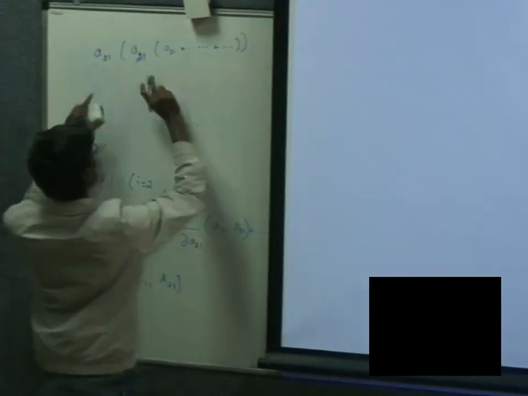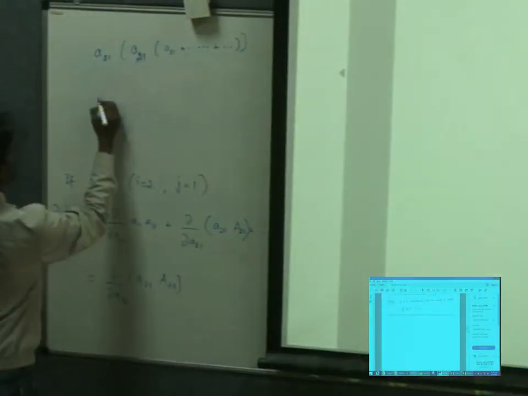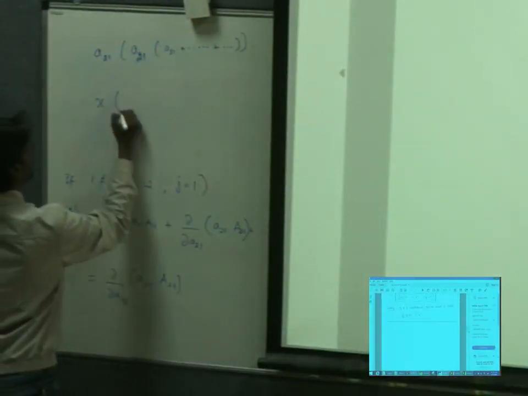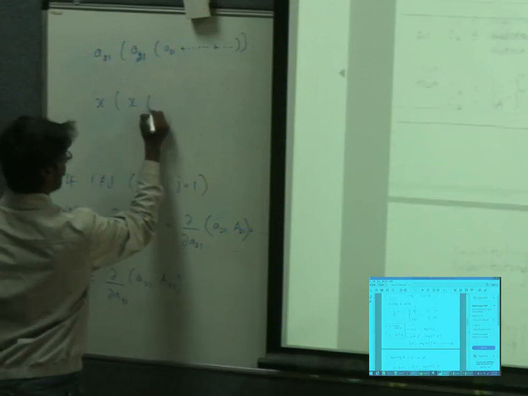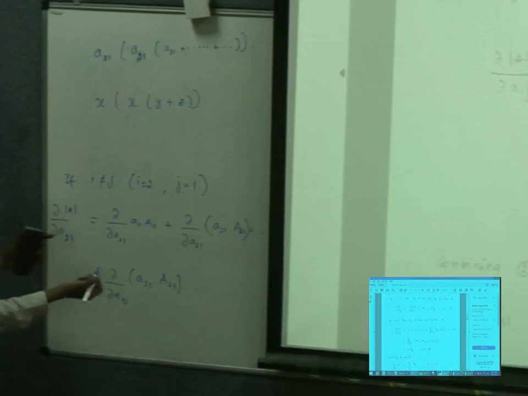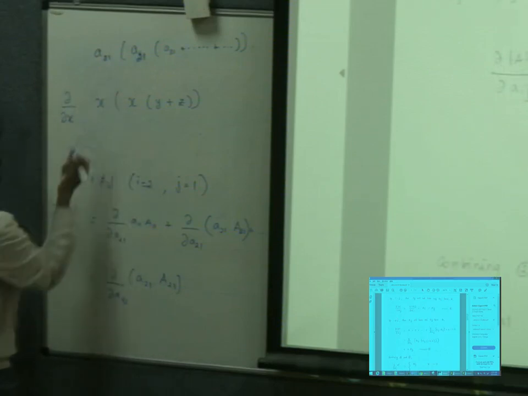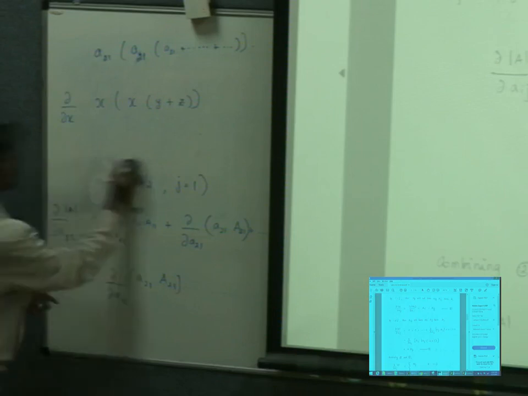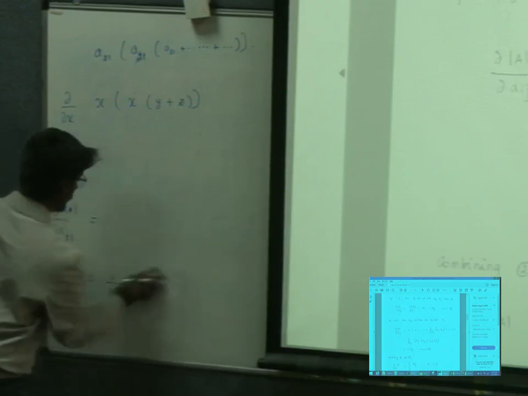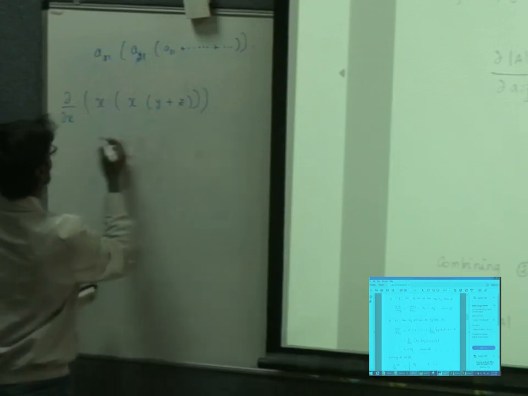So it's a completely recursive formula. Now imagine this function as x into x into y plus z or something, in a simple way, and take the partial derivative with respect to x. What will you get?